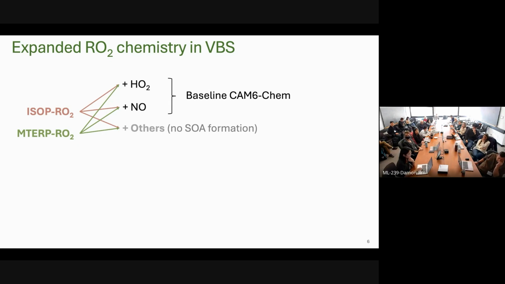Then we include the RO2-RO2 chemistry for monoterpene RO2s. We assume that these reactions will form 4% of SOA precursor gases at the lowest volatility bin. And this fraction is very uncertain. Another uncertainty comes from the RO2-RO2 reaction rates.